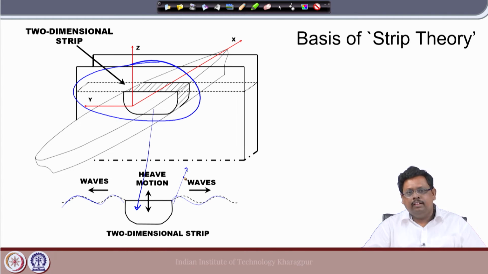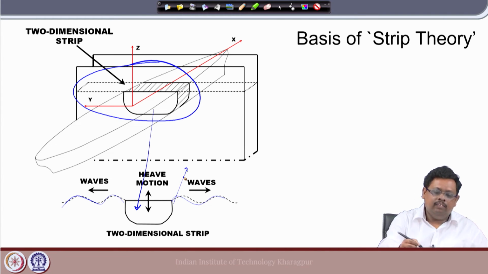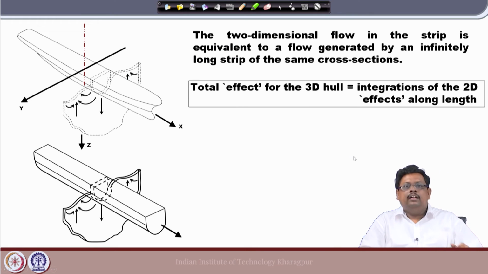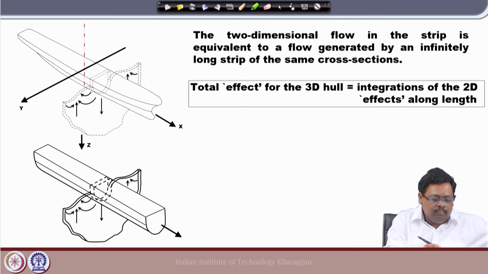This is how you can graphically represent what I said: the 2-dimensional flow in the strip has no flow around the longitudinal body.